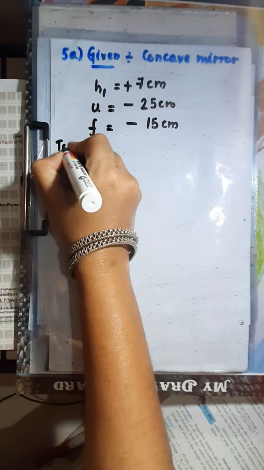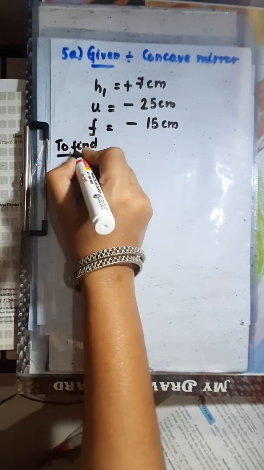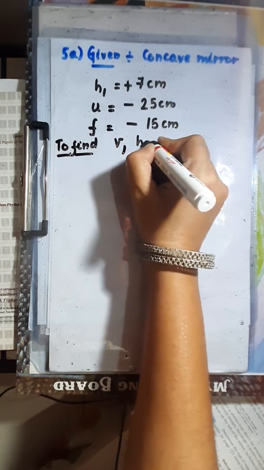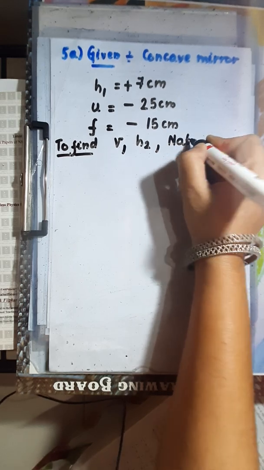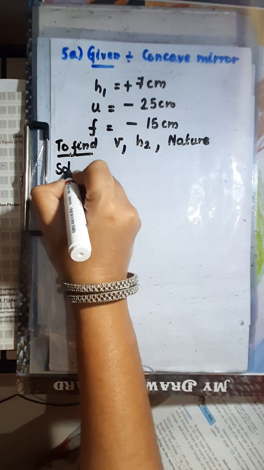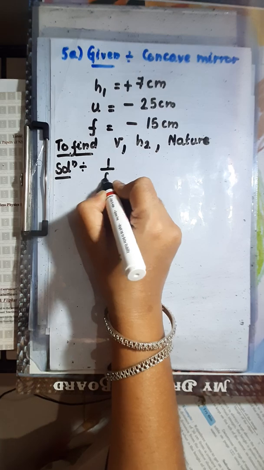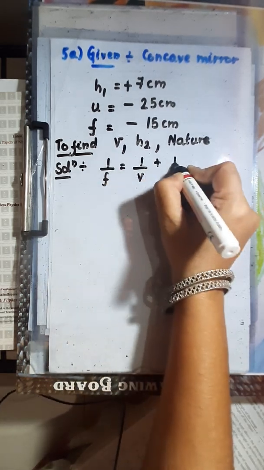So to find, first we have to find out V. Size means H2, and nature of the image. Okay, let's start with the solution. First we'll use 1 upon f is equal to 1 upon v plus 1 upon u.